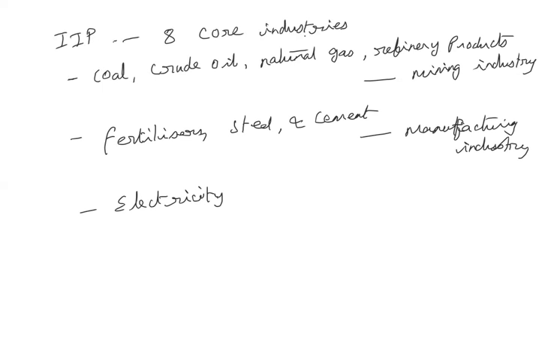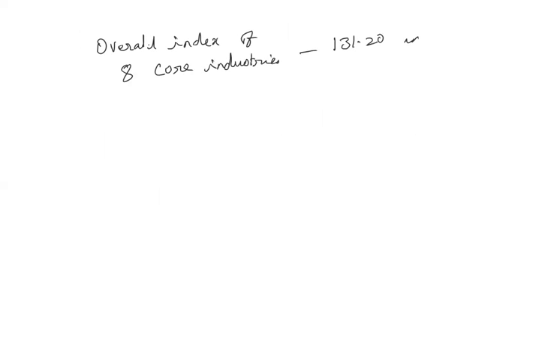If you are checking the data of India's industrial production, the overall index of 8 core industries was 131.20 in 2018-19.